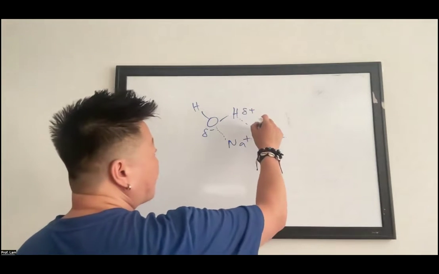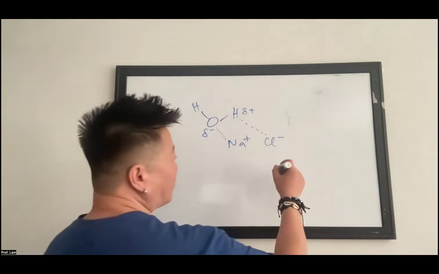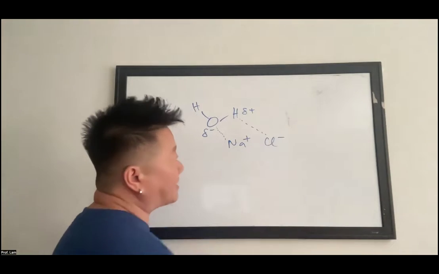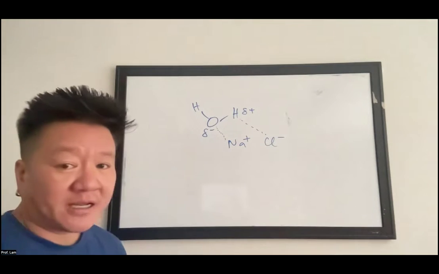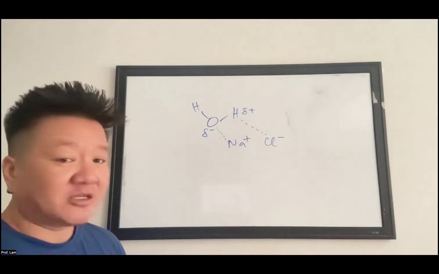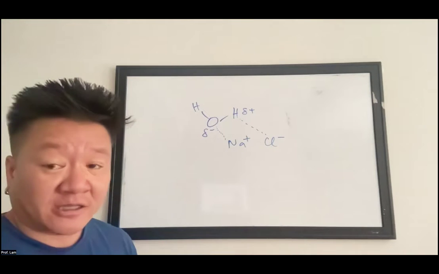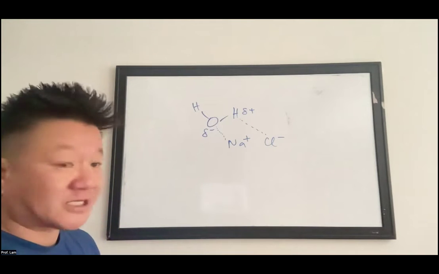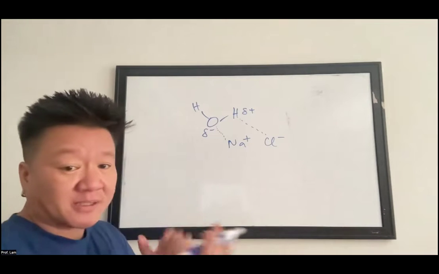But the hydrogen end of water is going to be attracted to Cl minus. And other water molecules will do the same thing. So what happens is water splits up sodium chloride, and so it dissolves it. Sodium chloride is no longer a solid in the crystal lattice once it's dropped in water, because water comes in between the ions and splits them apart.